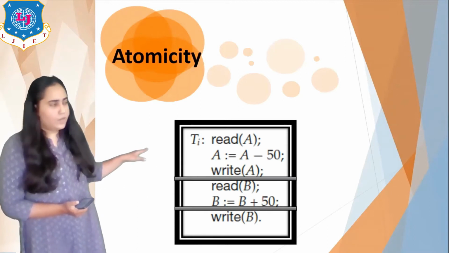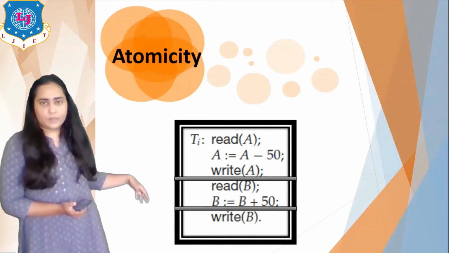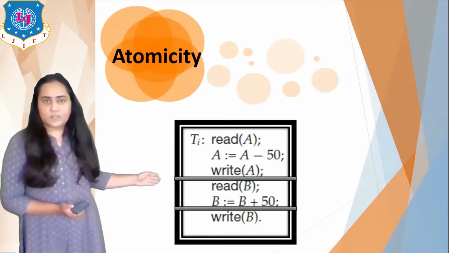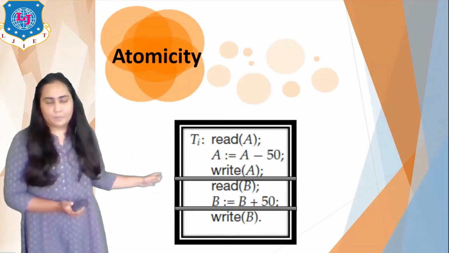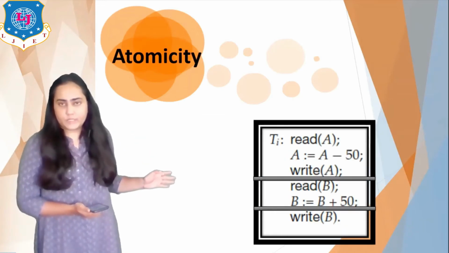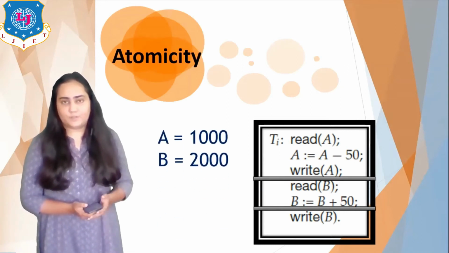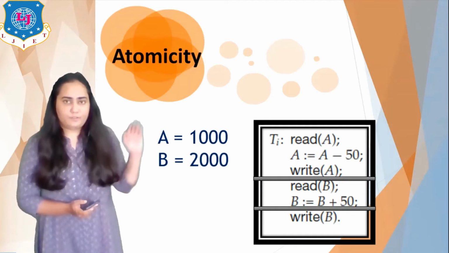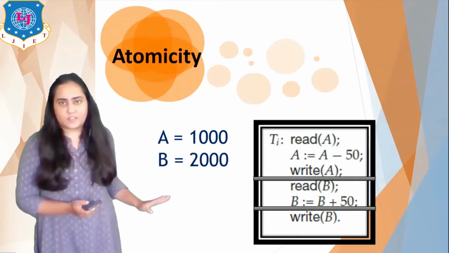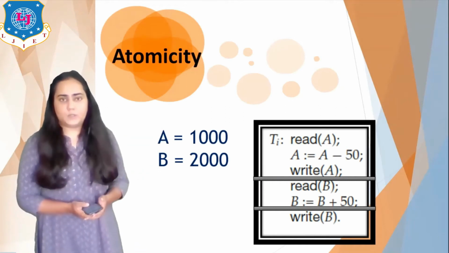So it's either finishing these first 3 tasks and then stopping, or it is finishing the first 4 tasks and then stopping, or the first 5 tasks and stopping. Now, let's assume that the values of A and B are 1000 and 2000 respectively. If the first 3 tasks finish successfully, that means the value of A is already subtracted and it is already stored into the system.